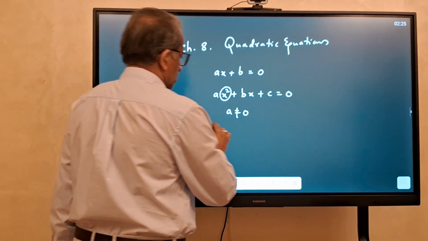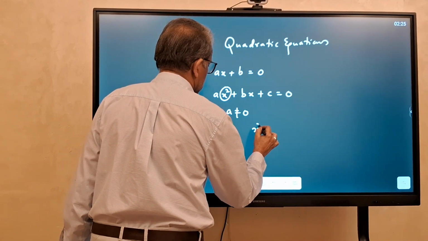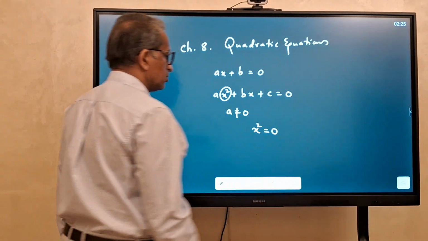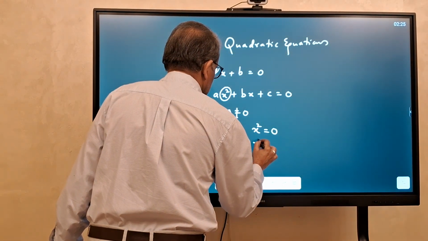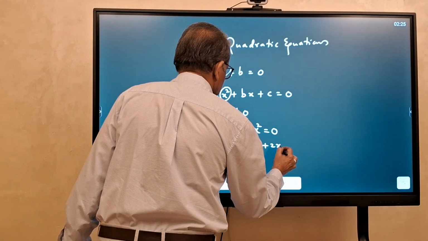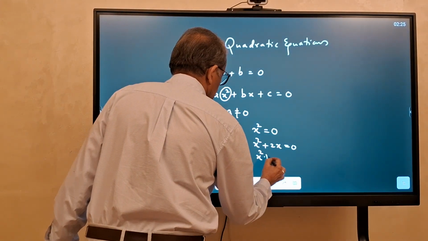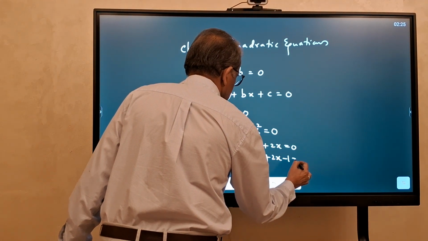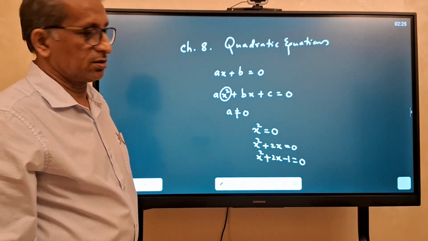The simplest quadratic equation is x square equal to 0, or in other words x square plus 2x equal to 0, or x square plus 2x minus 1 equal to 0. These are all quadratic equations.